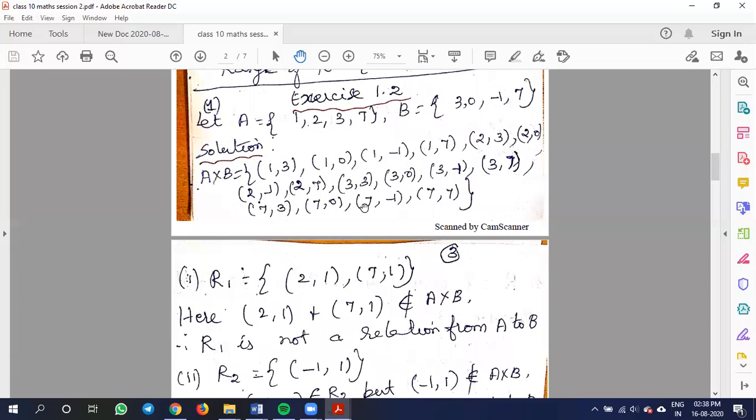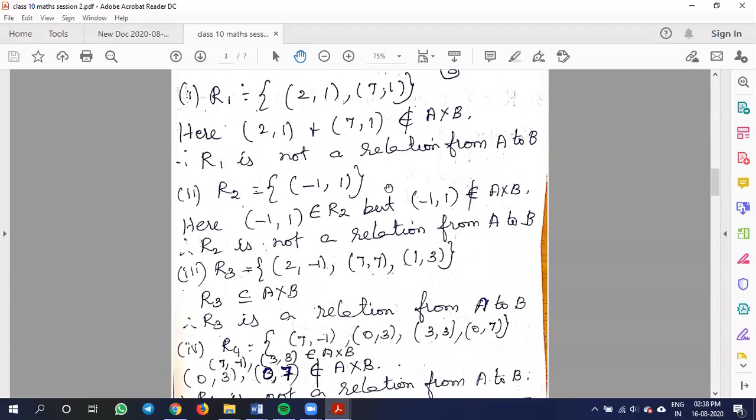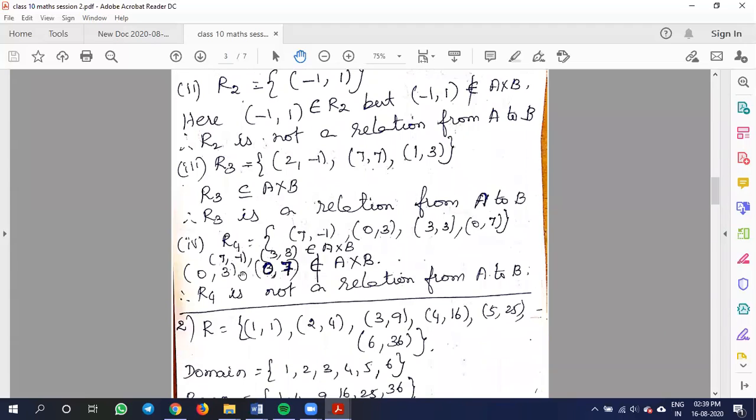No, only 3, 0. 3, 3 is present. 0, 7? No, only 7, 0. But we need 0, 3 and 0, 7. So these two elements do not belong to A cross B. Therefore, R4 is not a relation from A to B.